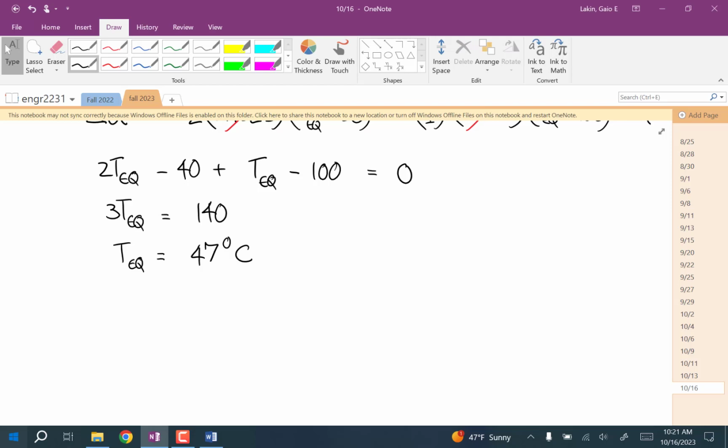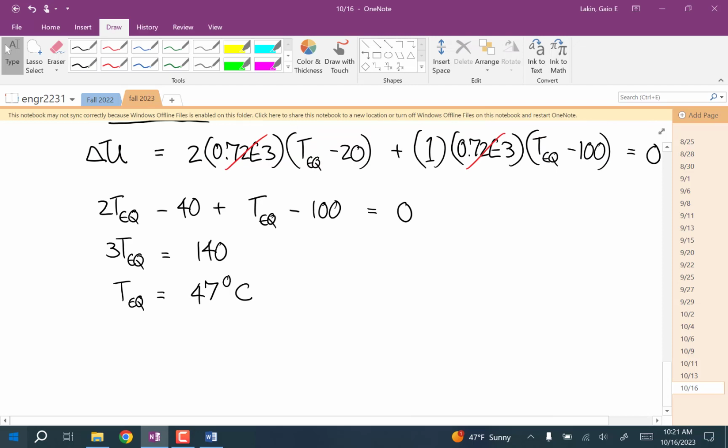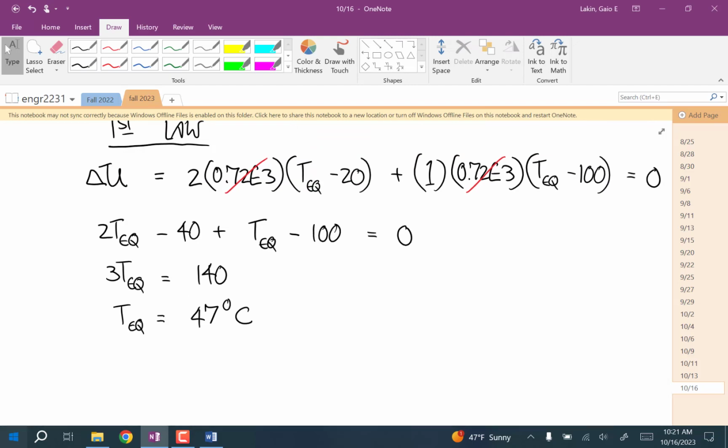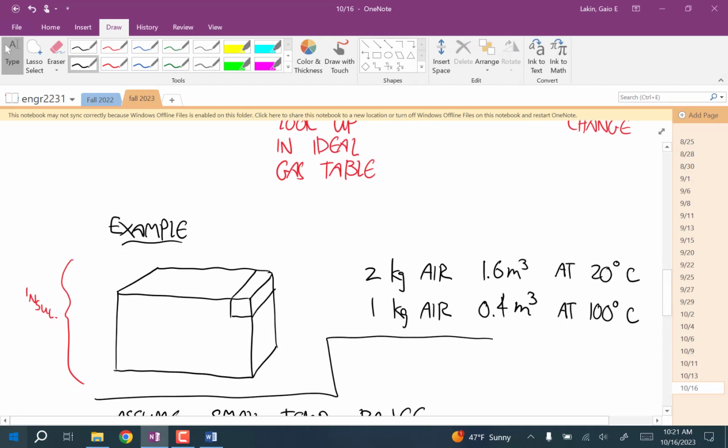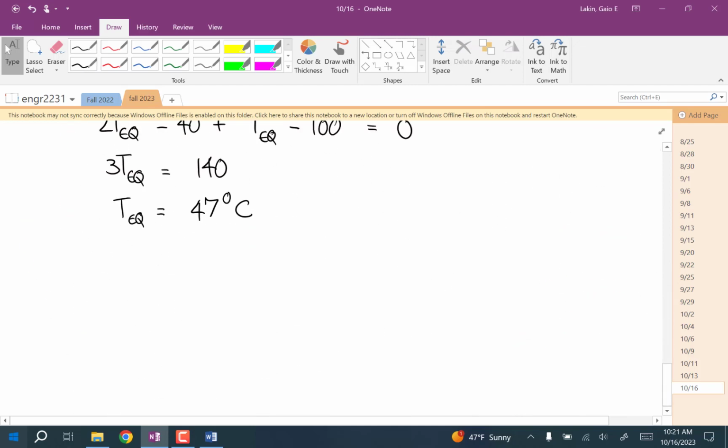Okay, so we got this, and now it starts at 20 degrees Celsius in the small compartment. 100 in the small compartment, 20 in the big compartment. They meet at 47 degrees Celsius. So that's the equilibrium. So now we're going to go to the second law.